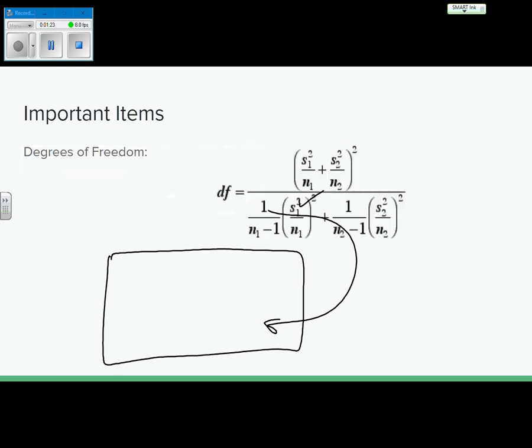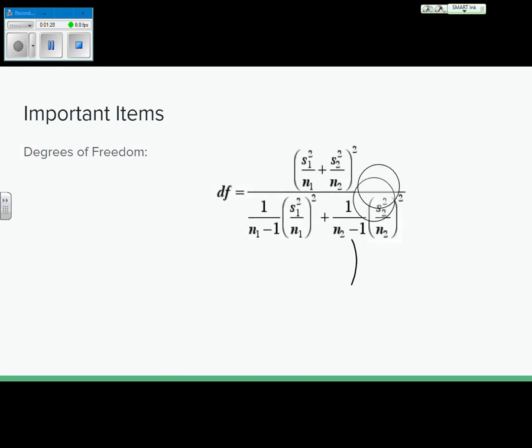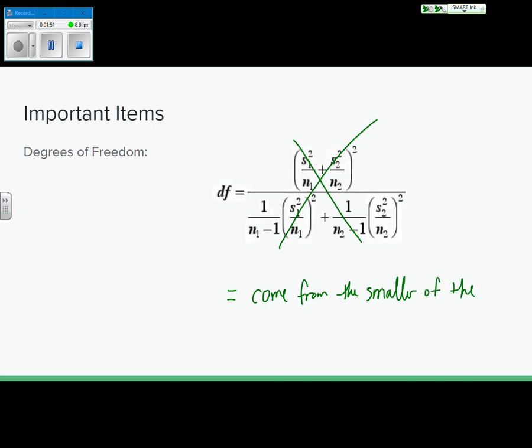Okay. So degrees of freedom is going to be pretty nasty. We're just not even going to use that formula. Let's just say our degrees of freedom is going to come from the smaller of the two samples.